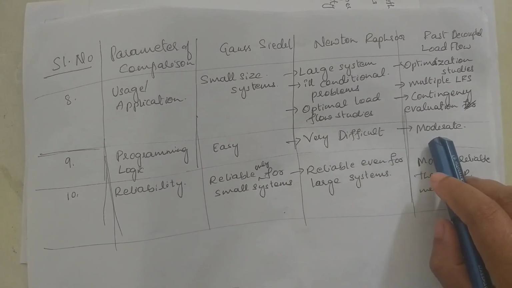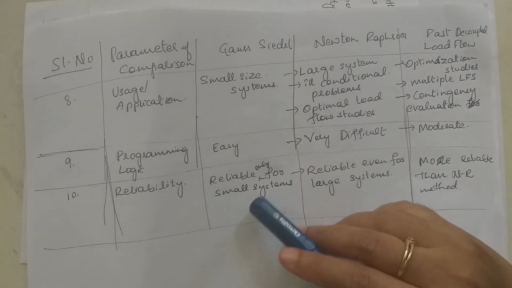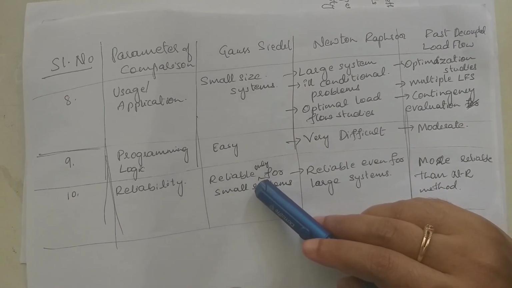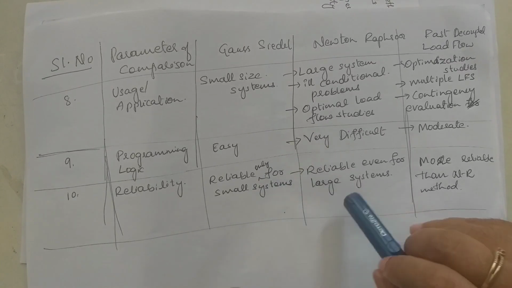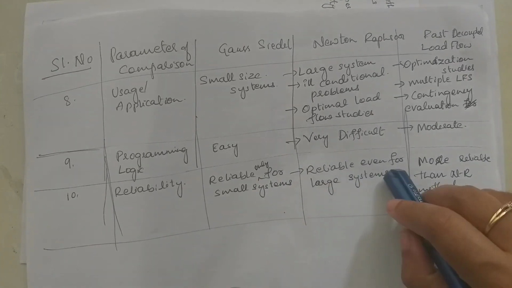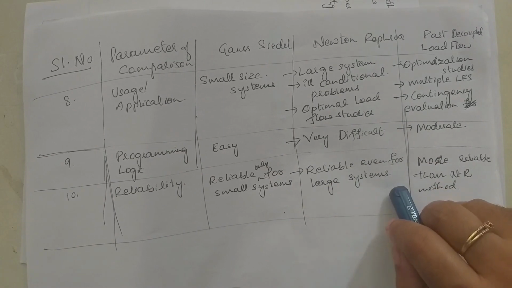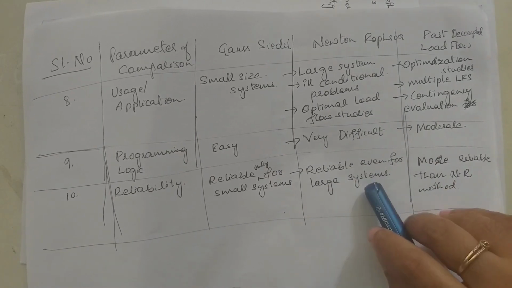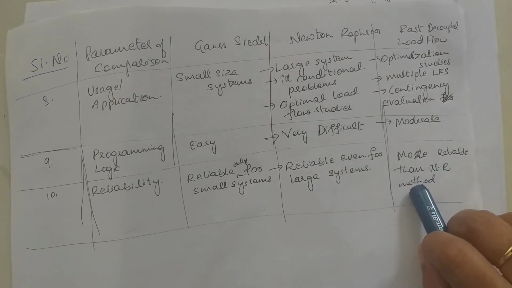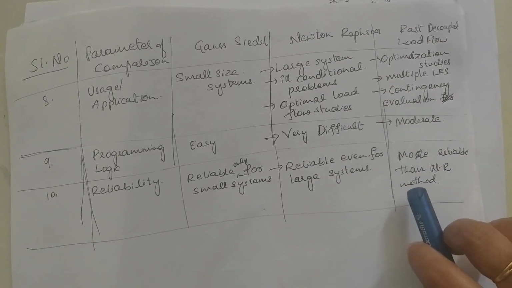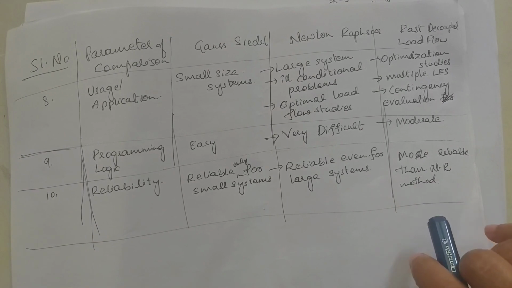Reliability: the GS method is reliable only for smaller systems, and the NR method is reliable even for large systems because it gives accurate answers. The fast decoupled method is more reliable than the NR method.